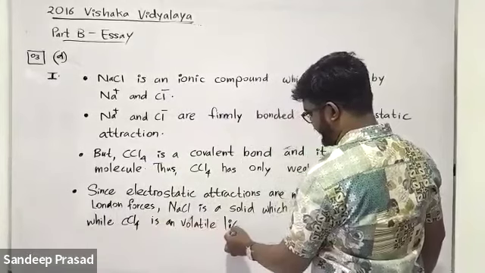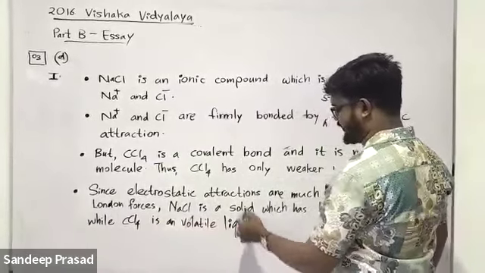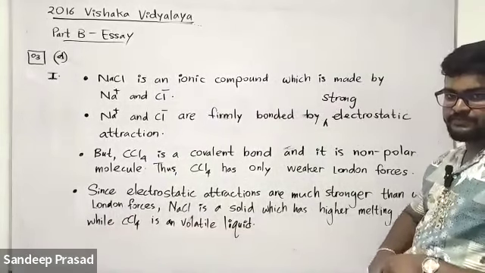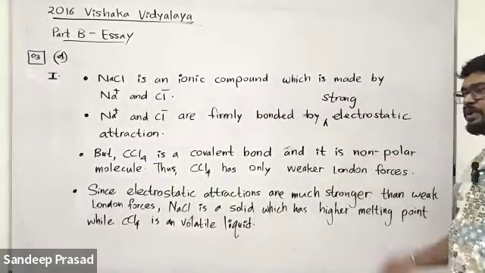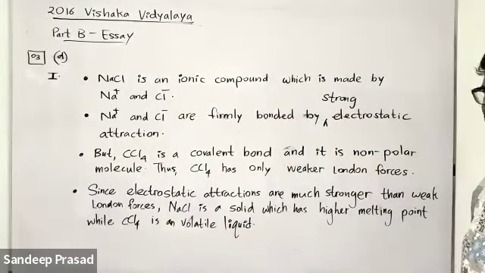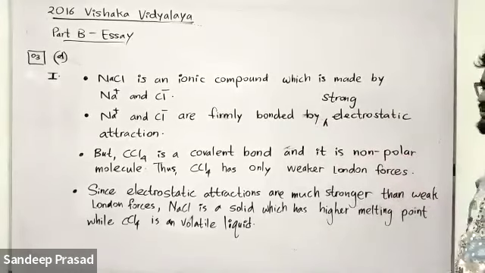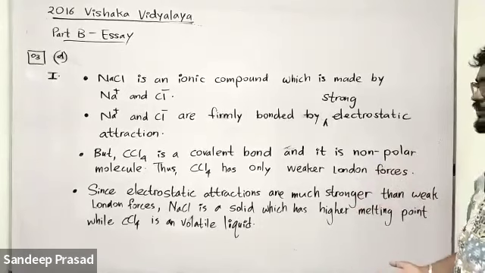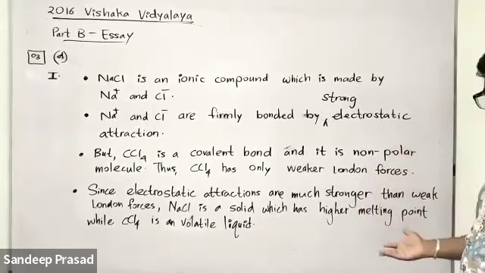So what is the point we are using to explain this one? Interactions. In sodium chloride, we have electrostatic attractions between Na+ and Cl-. So these are very firmly bonded electrostatic attractions. But when you consider carbon tetrachloride, that's a covalent bond, and in addition to that, it is non-polar.